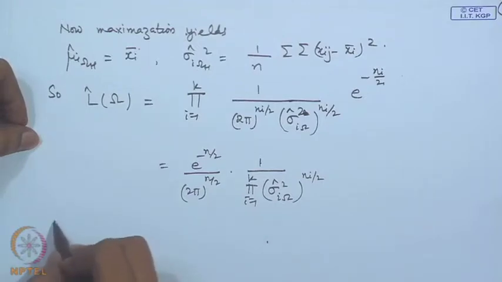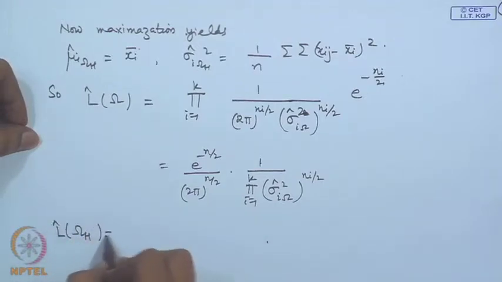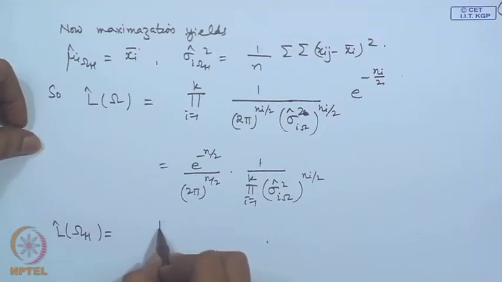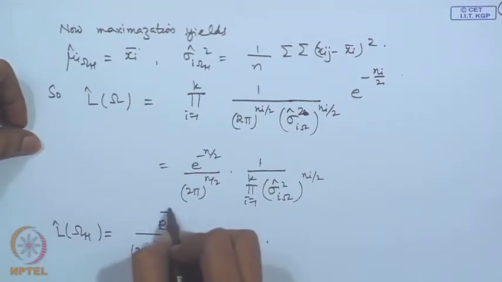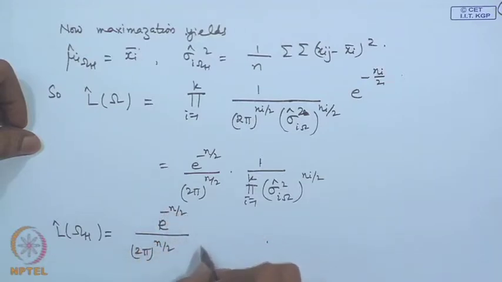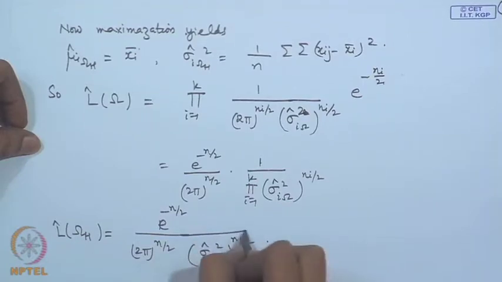and L hat omega h, that is equal to 1 by 2 pi to the power n by 2, e to the power minus n by 2 and sigma omega h hat square to the power n by 2.